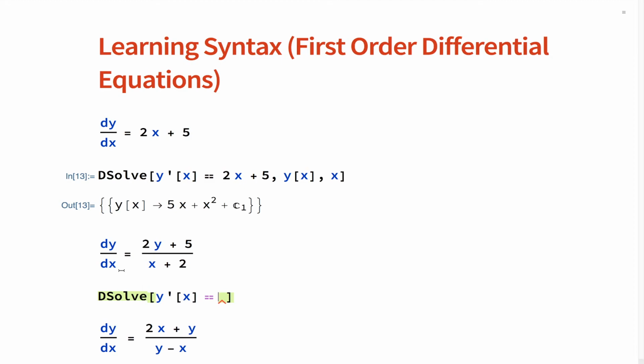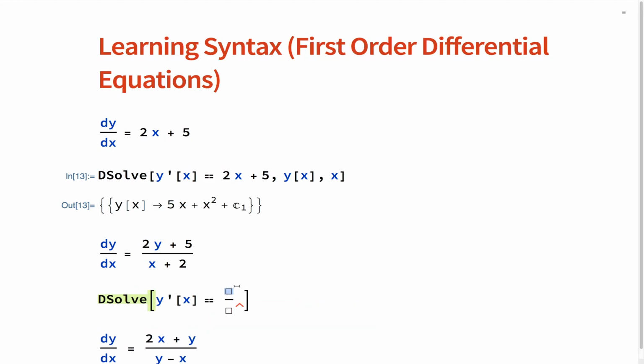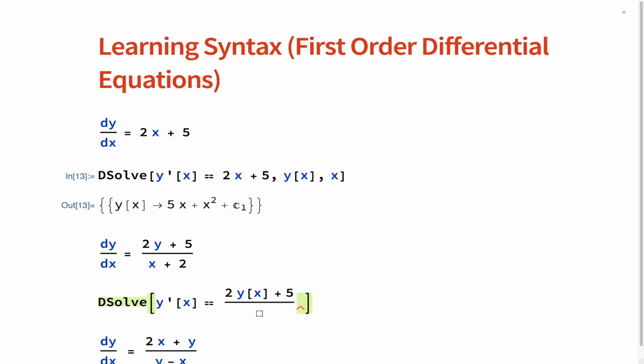So it's 2y plus 5 over x plus 2. y is always in the form of y of x, so 2 y of x plus 5, and below it x plus 2.